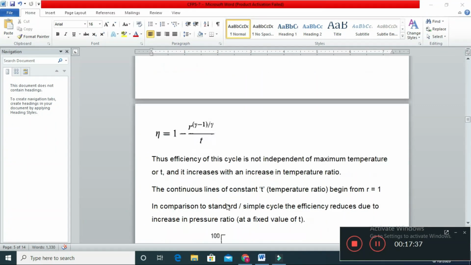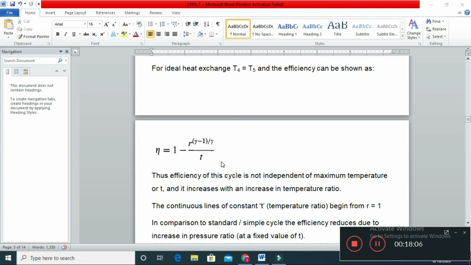So this relation shows that when small t increases, small t is T3 over T1, the efficiency will increase, and as the pressure ratio increases, the efficiency is decreased, because when we are increasing the pressure ratio, we are increasing the compressor exit temperature.